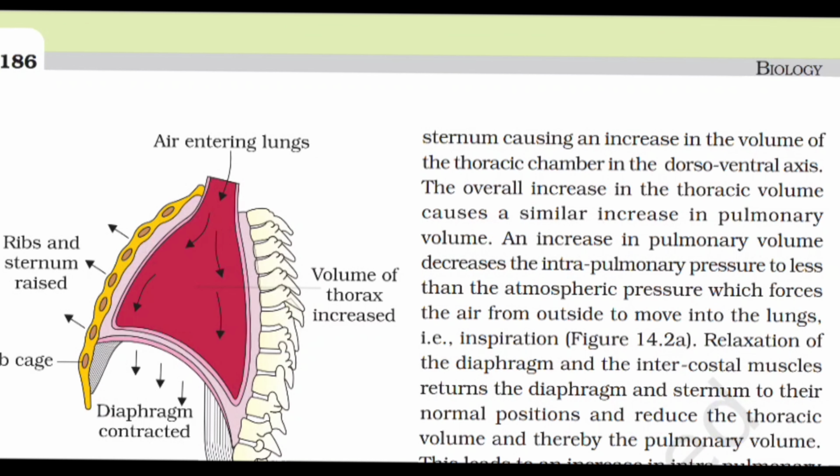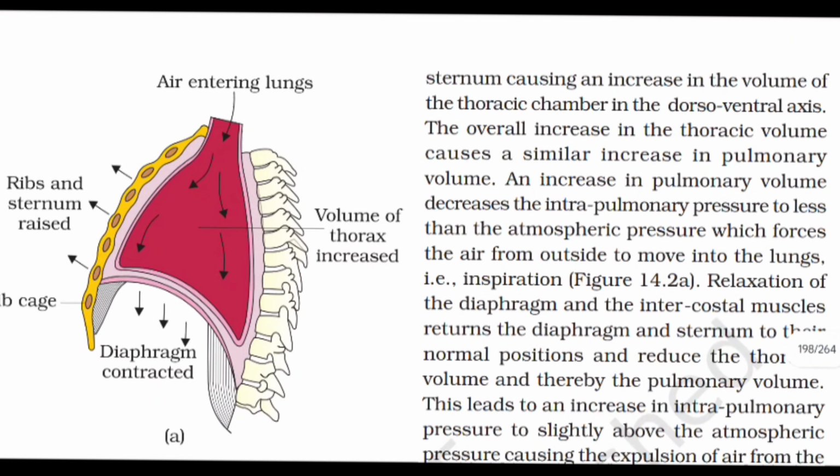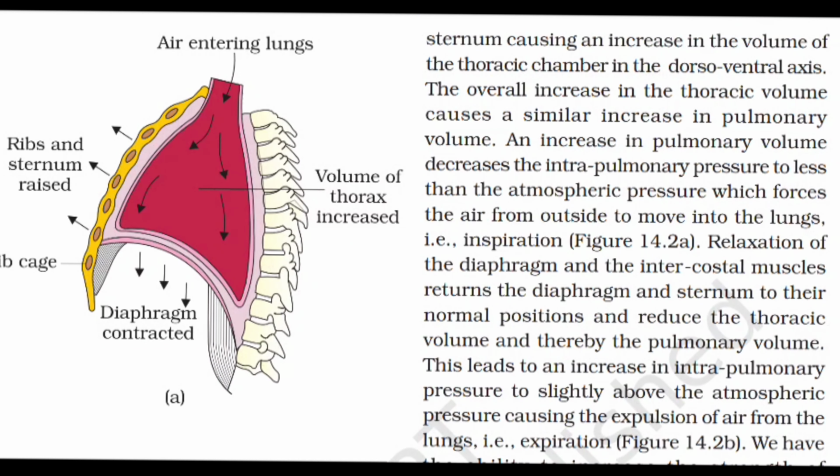That is inspiration. Relaxation of the diaphragm and the intercostal muscles returns the diaphragm and the sternum to their normal position and reduces the thoracic volume and thereby the pulmonary volume. This leads to an increase in intrapulmonary pressure to slightly above the atmospheric pressure, causing the expulsion of air from the lungs.